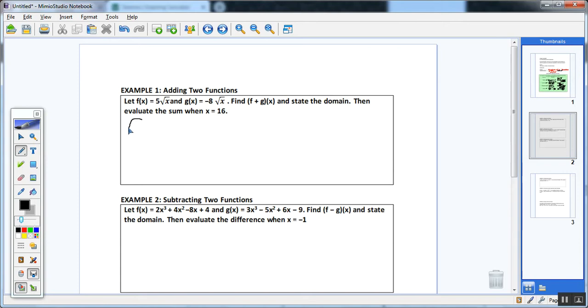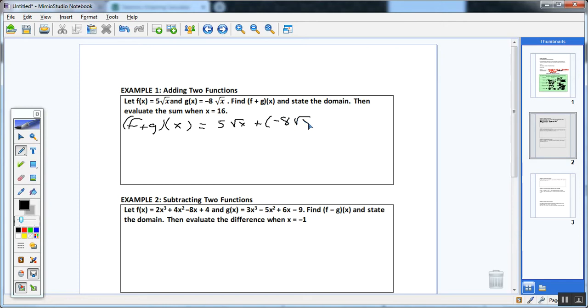First of all, we're going to have f plus g of x here. That's going to equal what plus what, kids? What's my f function? What's listed first for f? 5 root x plus negative 8 root x.